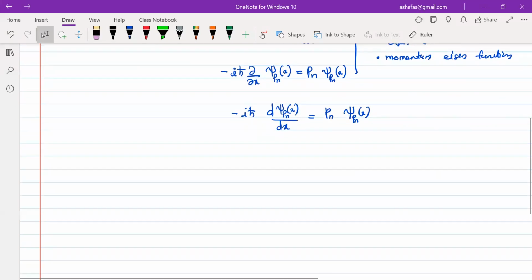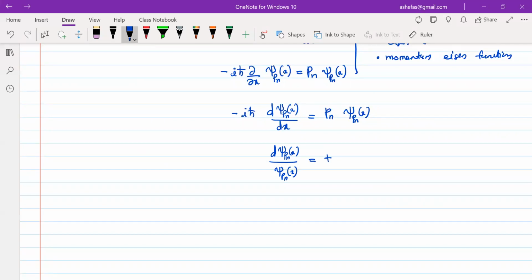So just do the rearrangement. We can write d psi Pn of x by psi Pn of x equal plus i Pn by h cross dx.